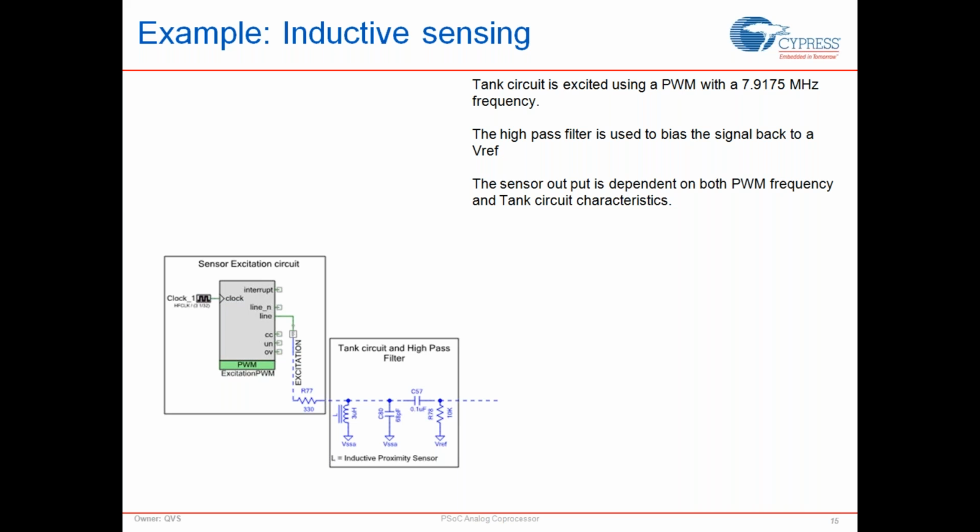The reason I do this is I want an average frequency of 7.9175. And the reason I need this is because later I'm going to mix this signal with an 8 megahertz signal, effectively giving me an 83 kilohertz signal.